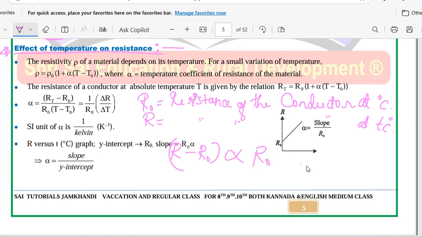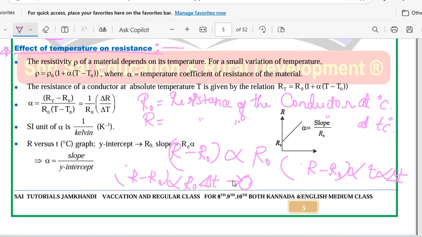And if you consider a temperature T, R minus R naught is directly proportional to T. Now this T is also equal to delta T. So I have written R minus R naught is directly proportional to R naught into delta T. This is equation number 1.